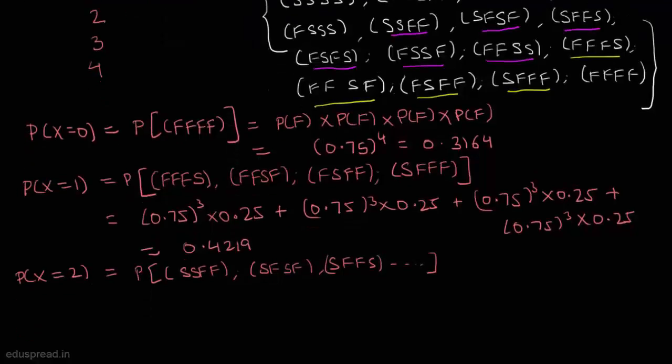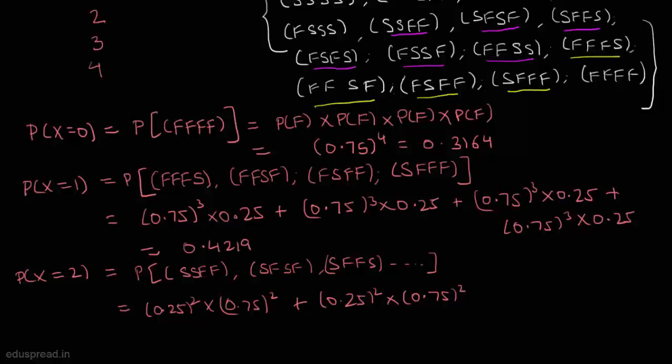Now let's find the probability. So the probability of this outcome is 0.25 square multiplied by 0.75 square, and the probability of this outcome is also equal to 0.25 square multiplied by 0.75 square. In fact, the probability of all these 6 outcomes is same.